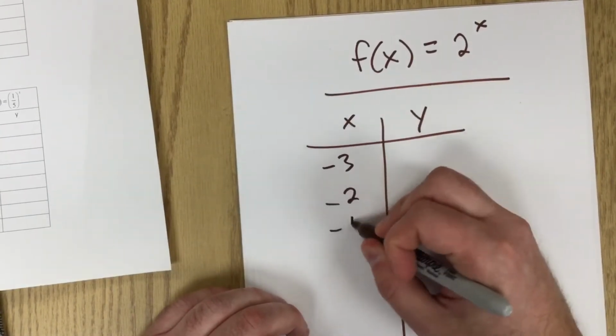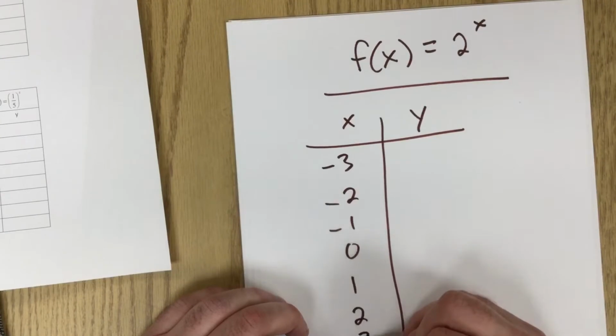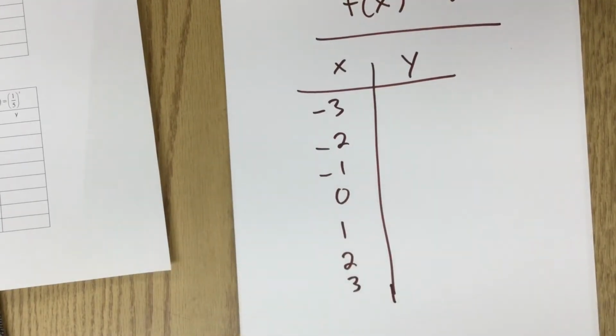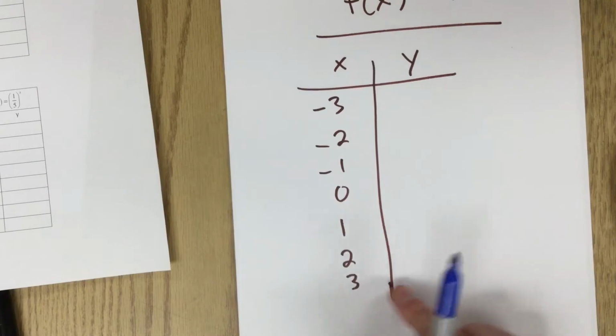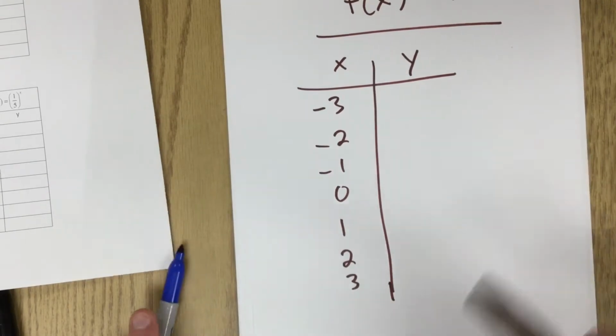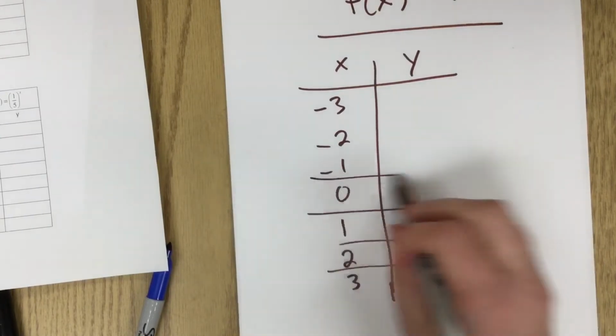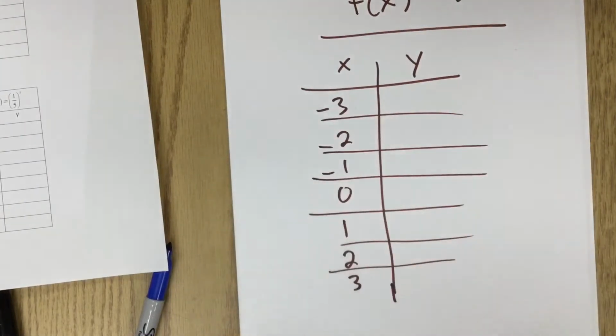And we'll do it for minus 3, minus 2, minus 1, 0, 1, 2, and 3. So, what would the values be? Let's start with 3, because I think that's probably the easier one in all of these. Let's make it an actual table.